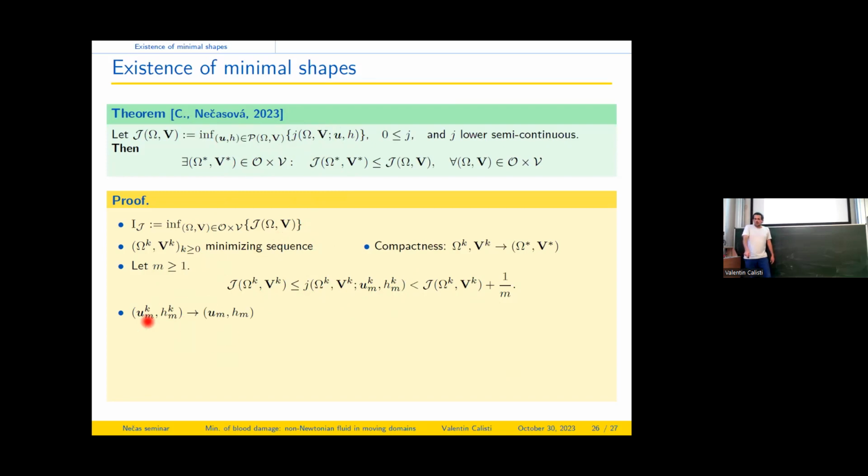We take a subsequence, we can do it because of the compactness. Then by definition and lower semi-continuity, we can bound from below and from above the shape functional associated to the limit domain, and letting m go to infinity, we show that indeed omega star, v star is a minimum of our problem.